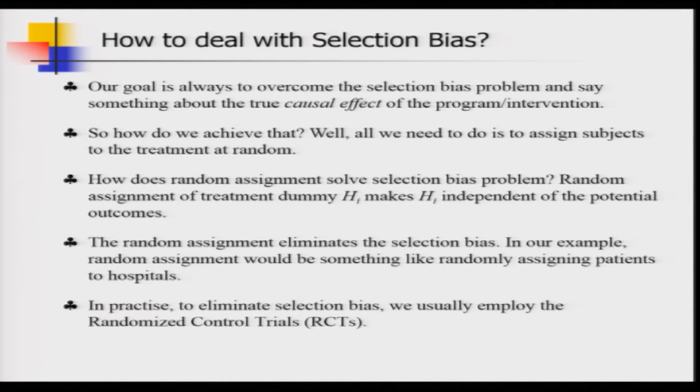Suppose random assignment of the treatment dummy Hi makes Hi independent of the potential outcome. Well, if random assignment is possible, then I would suggest that you go for it to take care of the issue, but many times, as I said, in socio-economic experiments random assignment is just not possible.